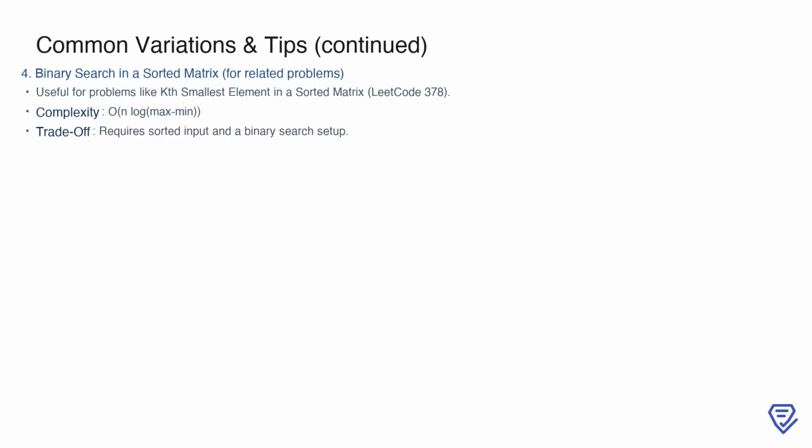This approach has a time complexity of n log (max minus min), where n is the size of the matrix, and it is highly efficient for problems with sorted input. However, it requires the input to already be sorted and may involve additional setup for the binary search logic. This method highlights how leveraging problem-specific properties, such as pre-sorted data, can lead to alternative and efficient solutions.